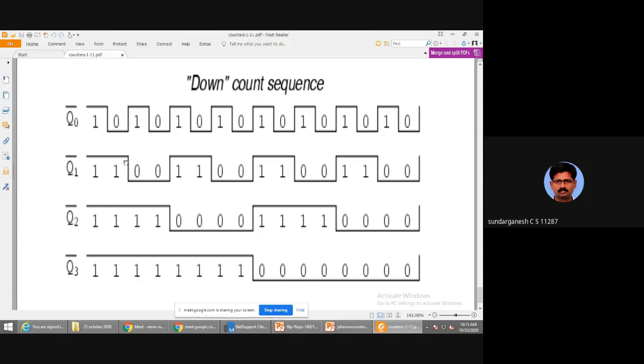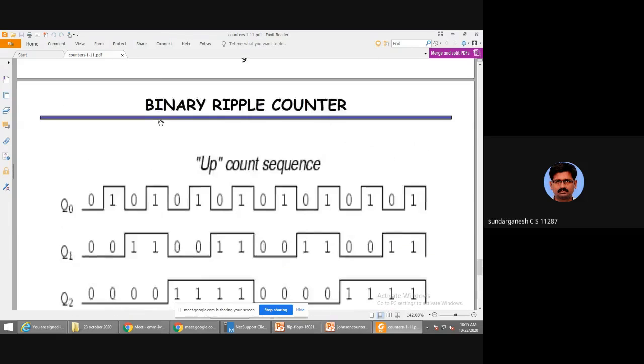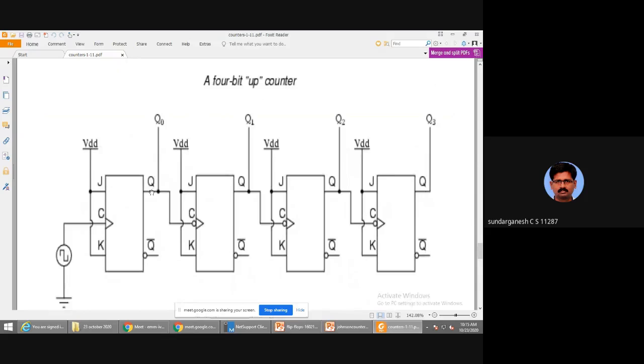So this is a down counter. For an up counter you take the output as Q. For a down counter you take the output as Q bar. So depending upon the connection you have given, you can make an up counter or a down counter.